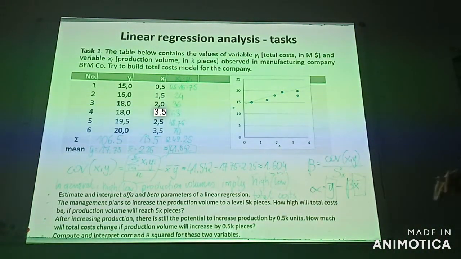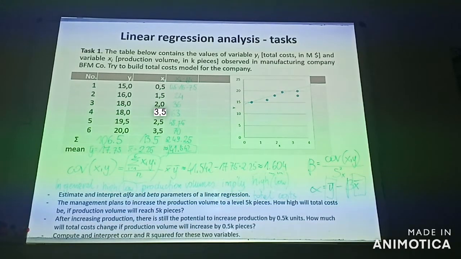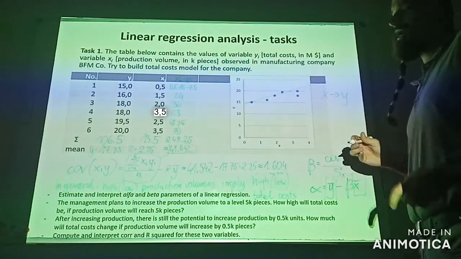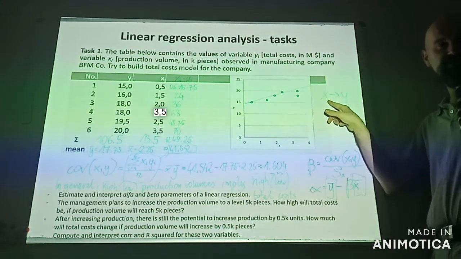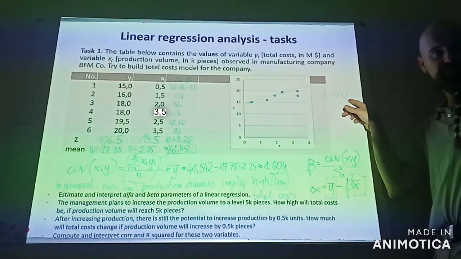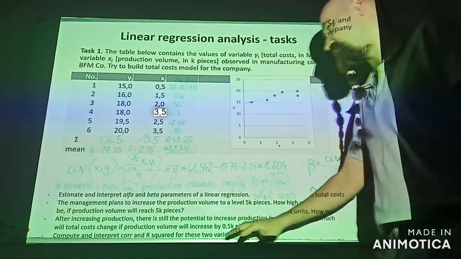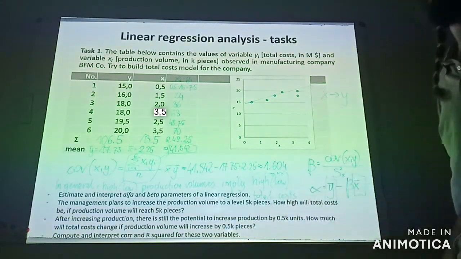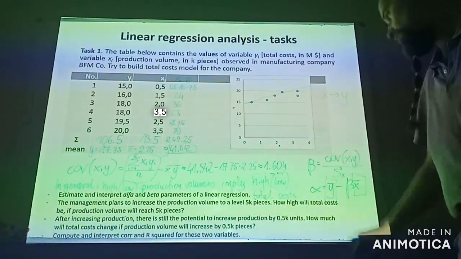The covariance is positive. Yeah, we have a positive interdependence between the values. We know also that x implies the values of y. Yeah, the production value is a cause. Total cost is an effect. So in general, high production volumes imply high total costs, or low production volumes imply low total costs.